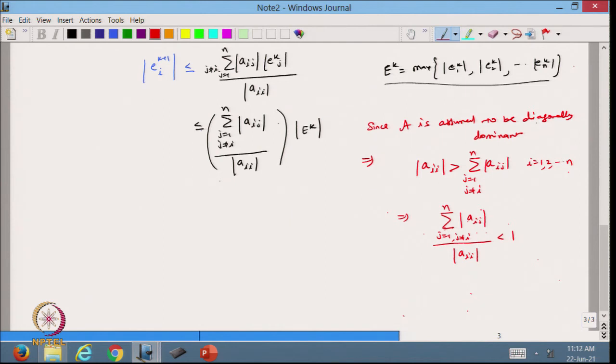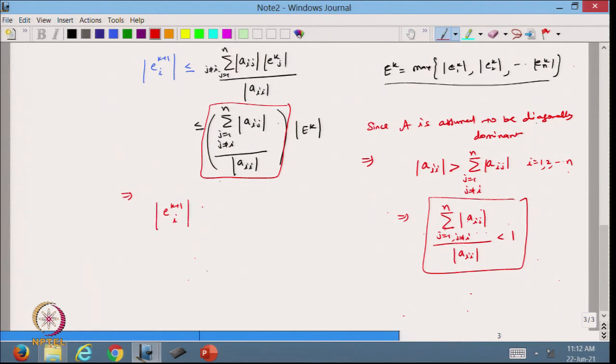So, now if it is less than 1, if you see from here, this term is the same as this one. Now, from here I can write that |E_i^(k+1)| will be less than this term, which is less than 1.